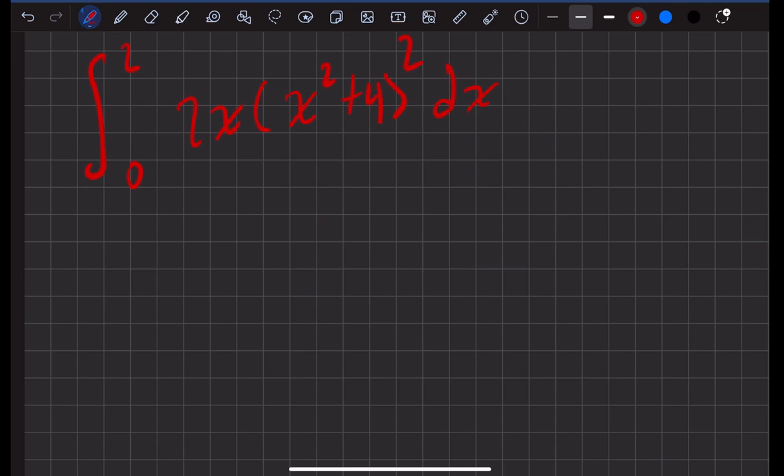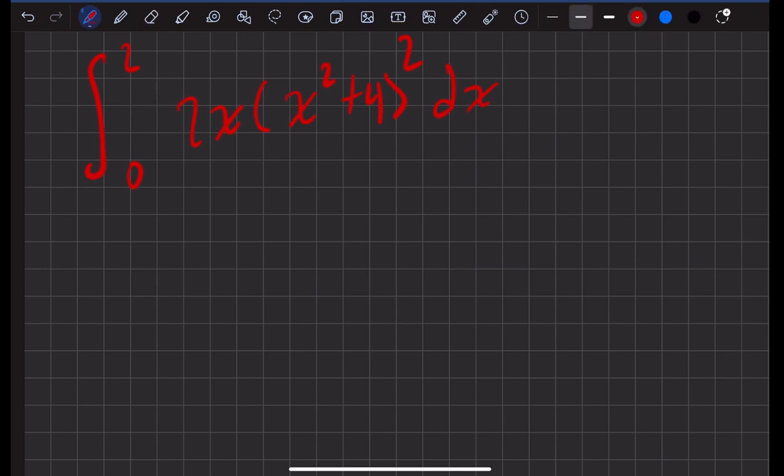So the difference between this problem and the last one is, of course, we have these new boundaries for us to actually find the answers to. And now that we have our limits, we're going to be able to very easily solve this equation.